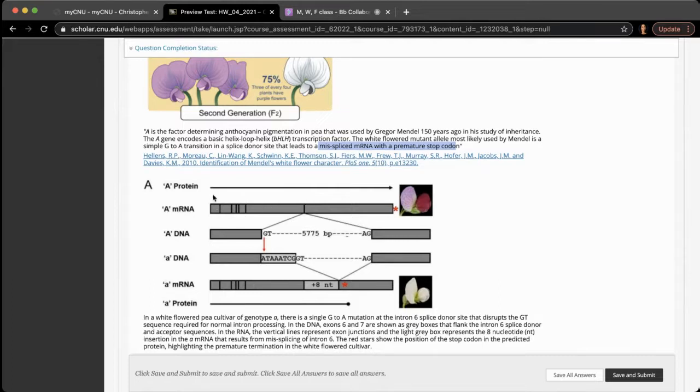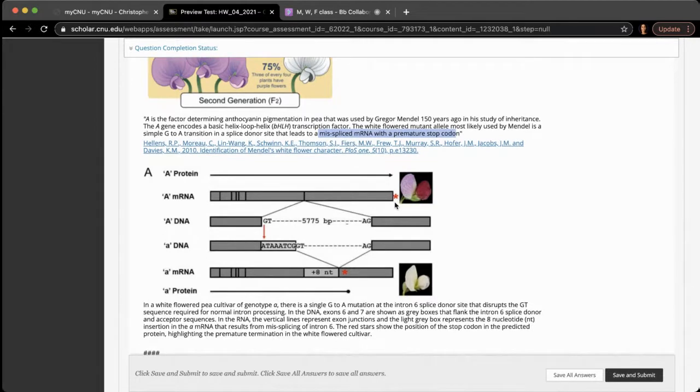This protein comes from this mRNA, and this is the full mRNA. I think this is where the translation stops. There's a stop codon here, so there will be more 3' UTR here on the mRNA.